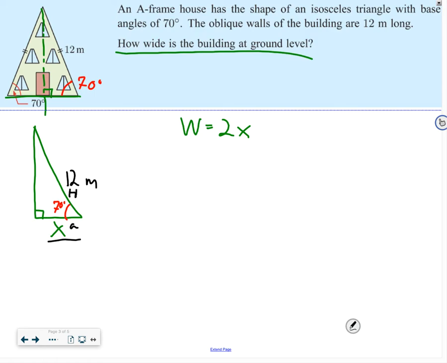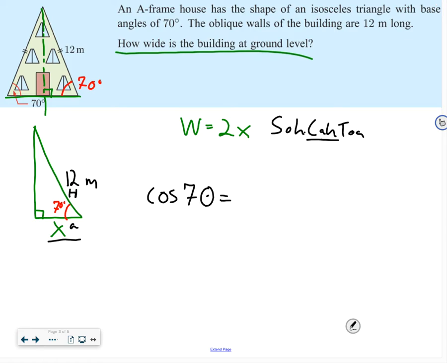What trig function? I'm always going to write this on the top of my paper so I can remember which trig function deals with adjacent and hypotenuse. Well, that's cosine. So I set up my equation: cosine of my angle is equal to my ratio, x over my hypotenuse, which is 12.